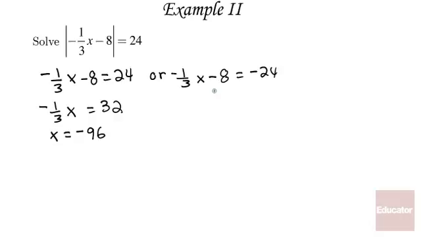For the second equation, I'm going to also add 8 to both sides, yielding negative 1/3 x equals negative 16, and multiplying both sides by negative 3 to give me x equals, and then it'll be negative 3 times negative 16, so that'll be positive 48. So possible values for x that would satisfy this equation would be negative 96 or 48. Either of those values would result in an absolute value that's equal to 24.